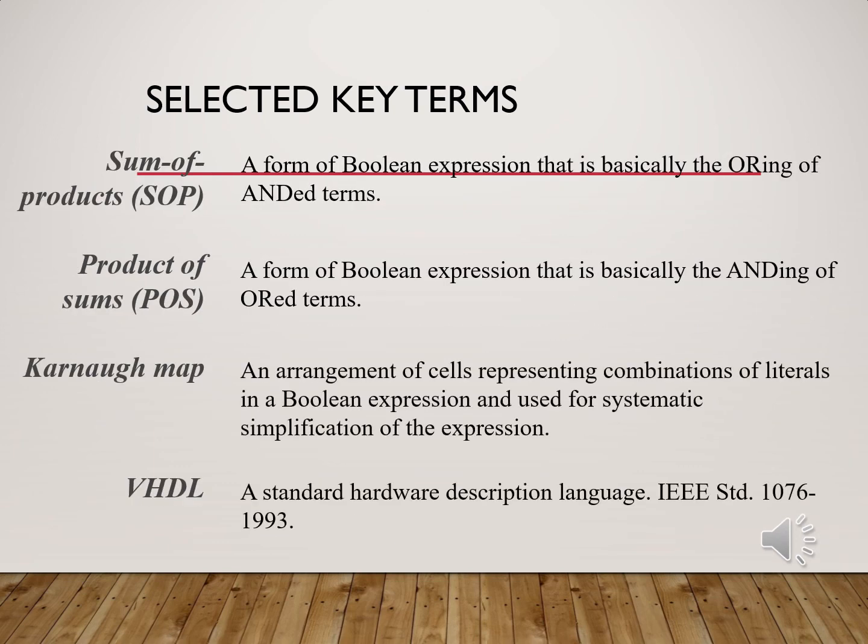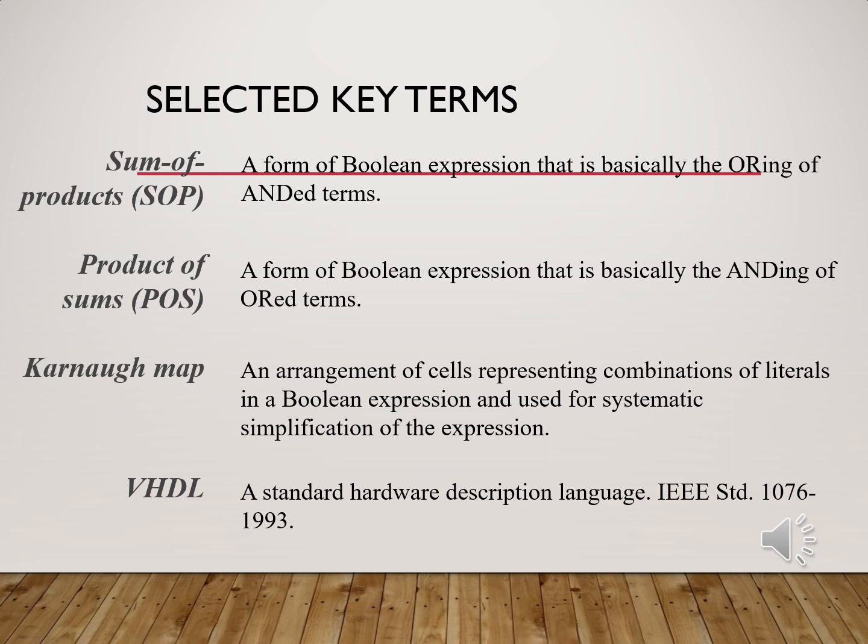The sum of products is a form of Boolean expression that is basically the ORing of ANDed terms, because sum means OR, product means AND. So the sum of products means adding the products. So adding means OR, again product means AND, so ORing of ANDed terms. Similarly, product of sums is basically ANDing of ORed terms.